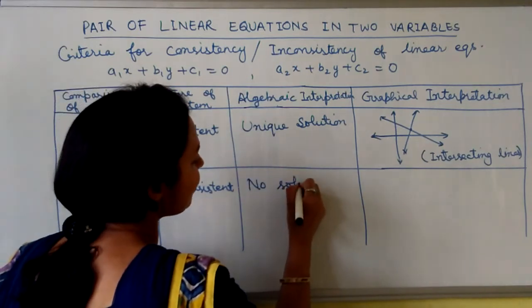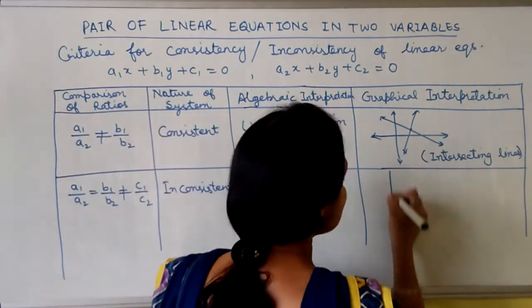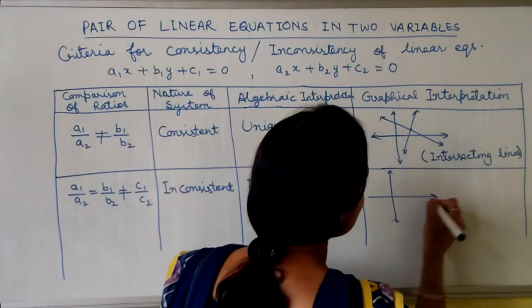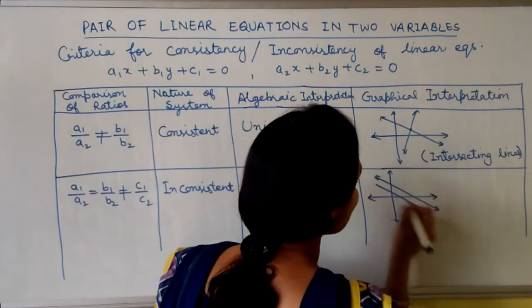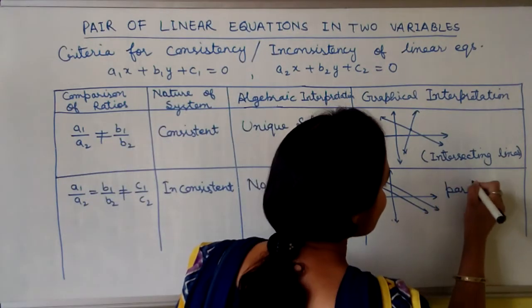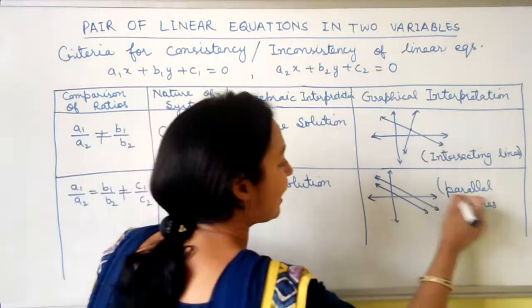Why does it have no solution? Because the lines are like this. This is the y-axis, x-axis. One of the lines passes here and the second one is also, these are the parallel lines.